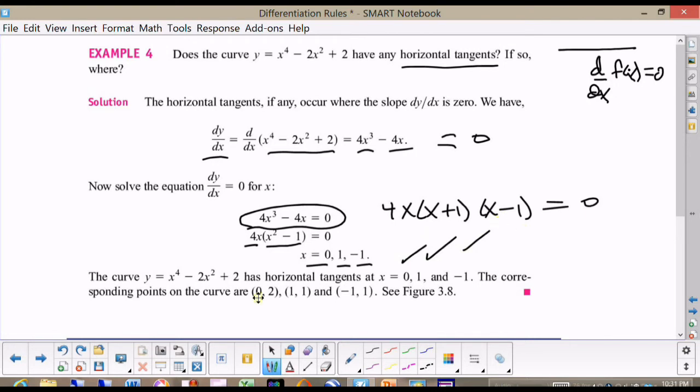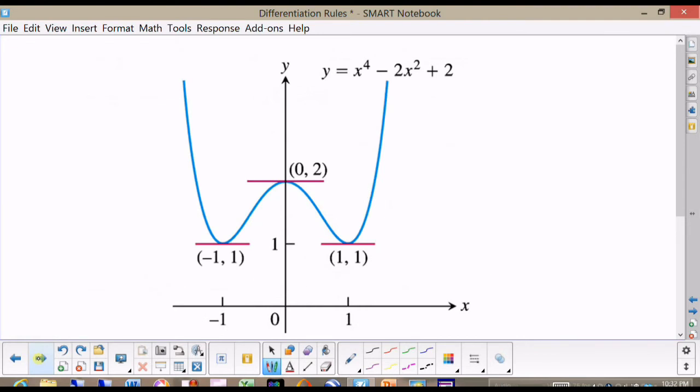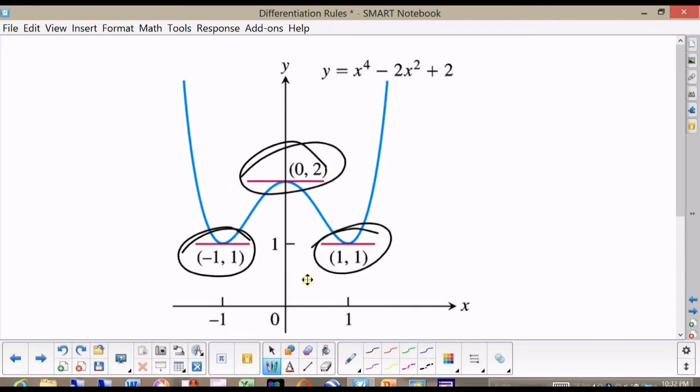At x equals 0, the y value is 2 by plugging into the original function. Plugging in x equals 1, you see y is equal to 1. Plugging in x equals minus 1, you see y equals 1. And if you graph this 4th order polynomial on your calculator, you find that it indeed has horizontal tangents at these points that we calculated.